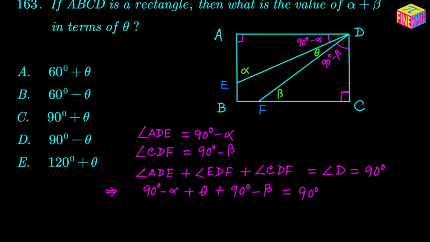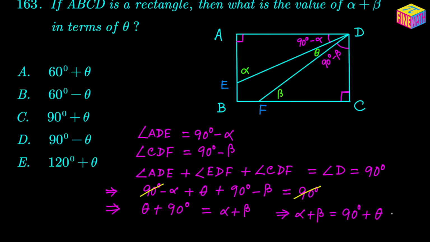If we simplify a little bit, this 90 degrees and this 90 degrees cancel each other, and we are left with negative alpha plus theta plus 90 degrees minus beta equals 0. If we bring alpha and beta to the right hand side, theta plus 90 degrees is equal to alpha plus beta. So alpha plus beta is equal to 90 degrees plus theta, and that is our answer.